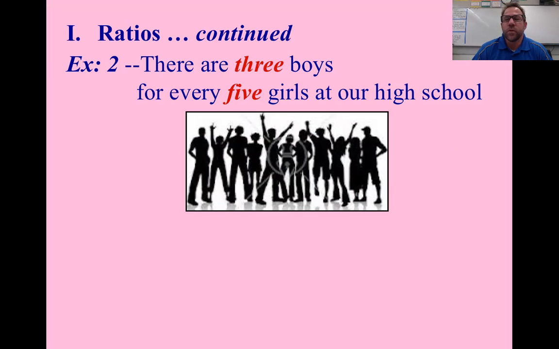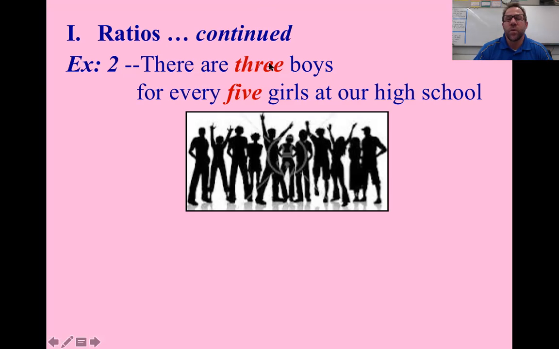So for every 3 boys that are at our school, there are 5 girls. So there's actually more girls at our school than there are boys. And I think in general in life, there's more girls on Earth than there are boys, or at least when they're born. But anyways, we want to figure out the ratio here.